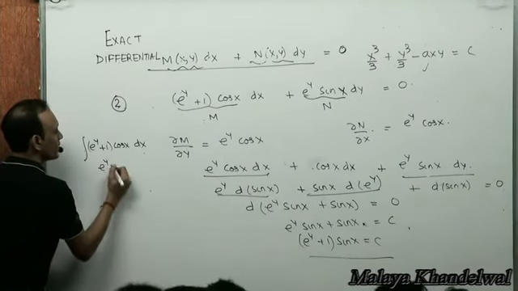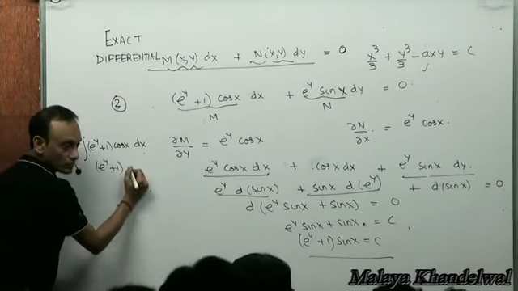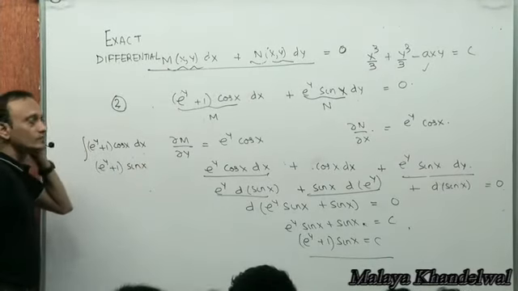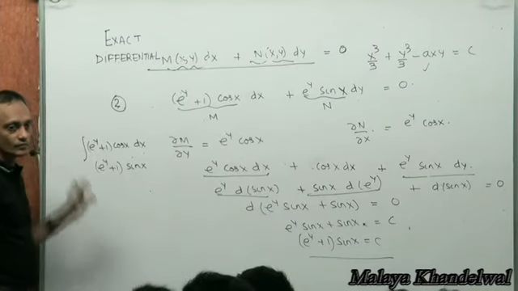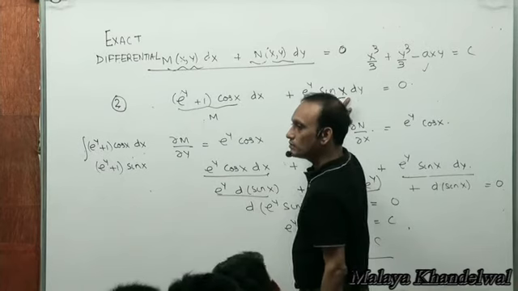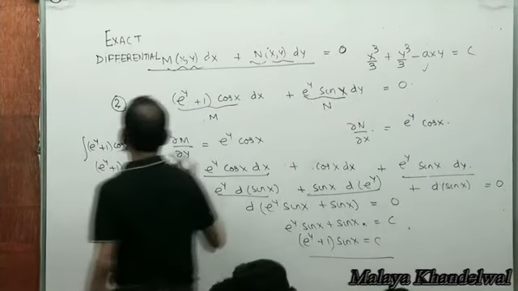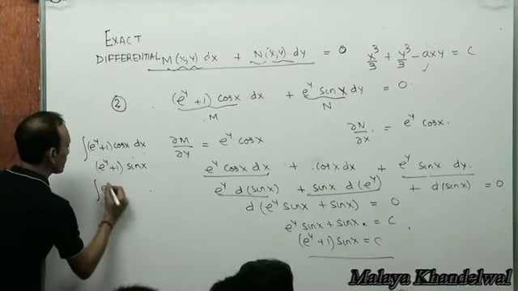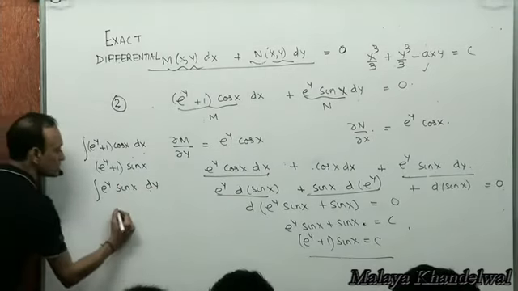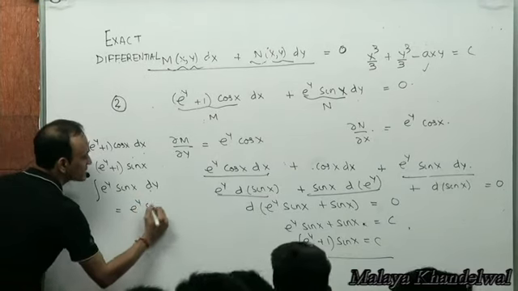What would this be? e power y plus 1 sin x. Integrate this with respect to y as if x is constant. So that's like e power y sin x.